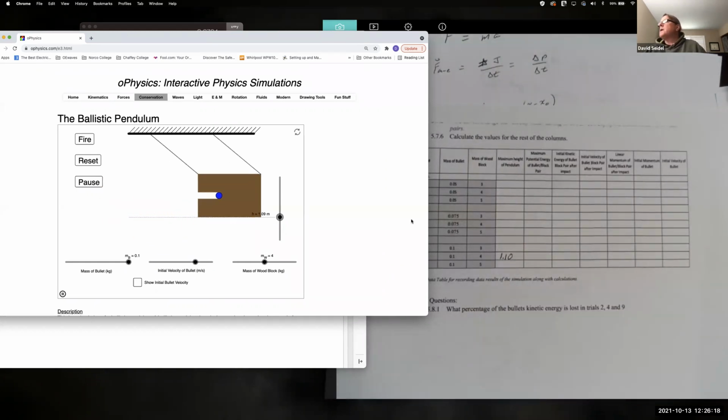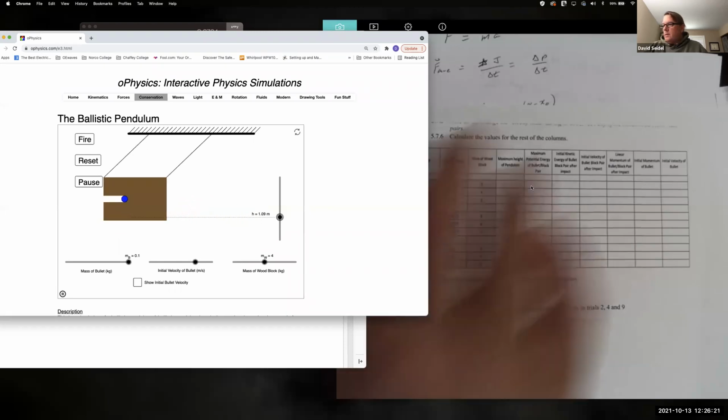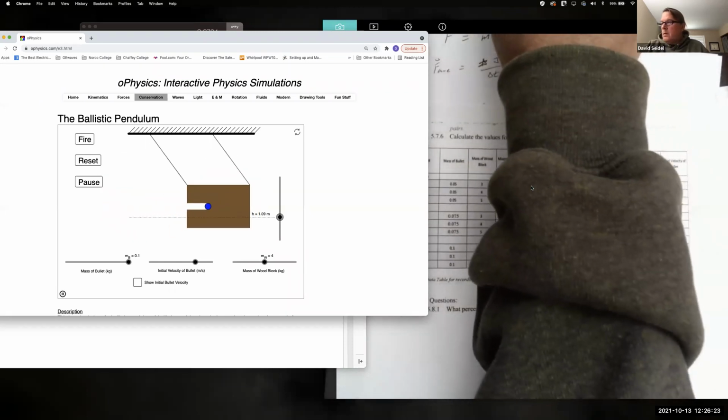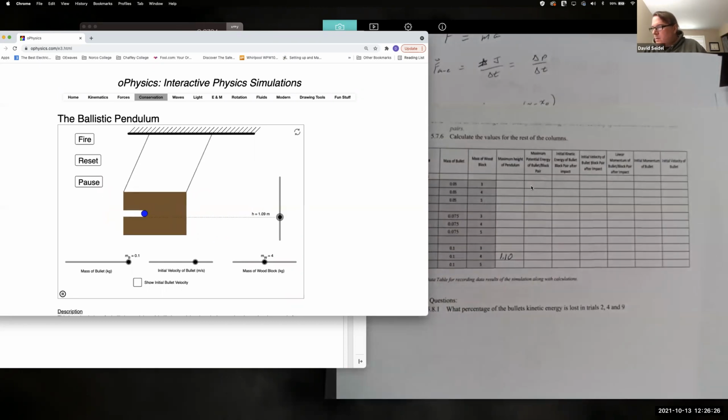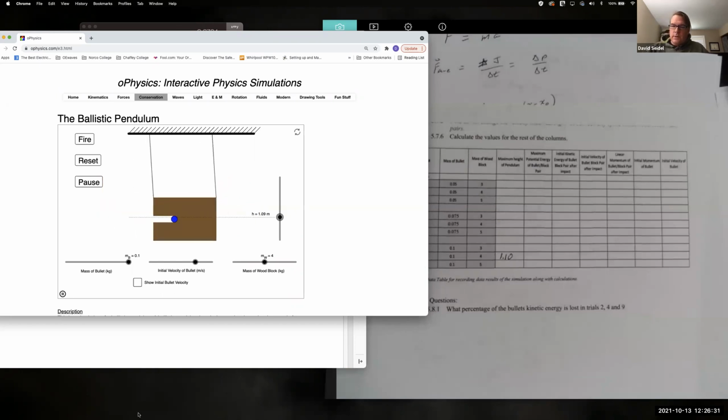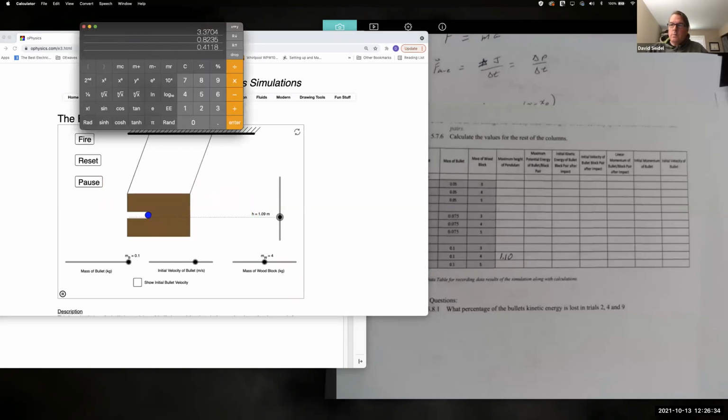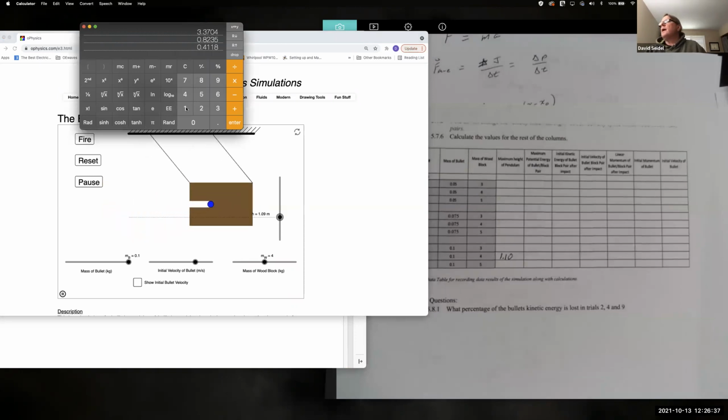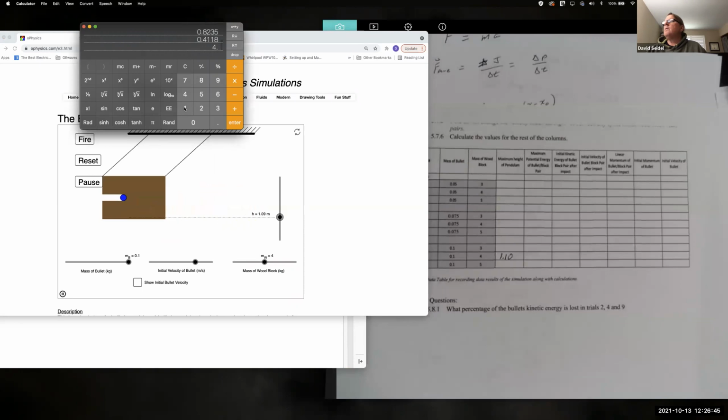Okay, so my initial maximum potential energy is M, which is 4.1 (that's 4 plus 0.1), times G, times H, which is 1.1.